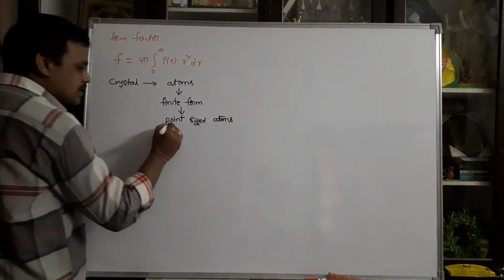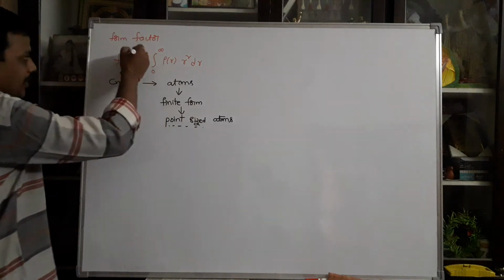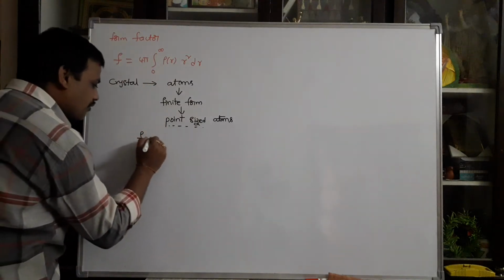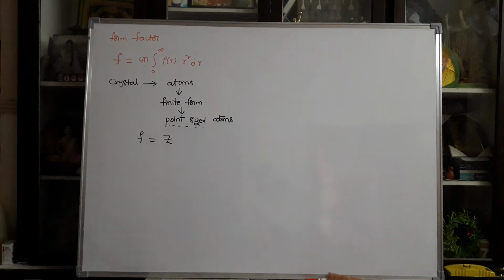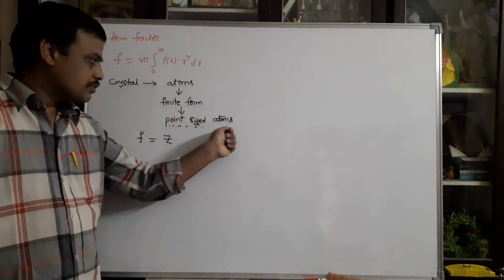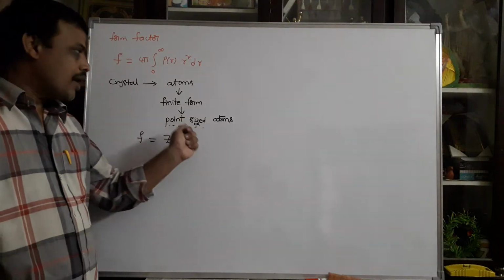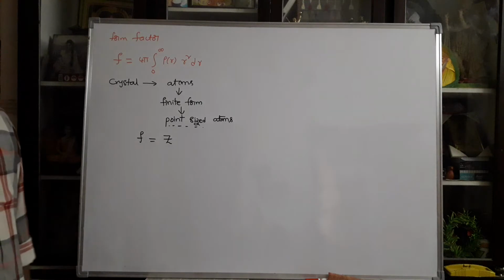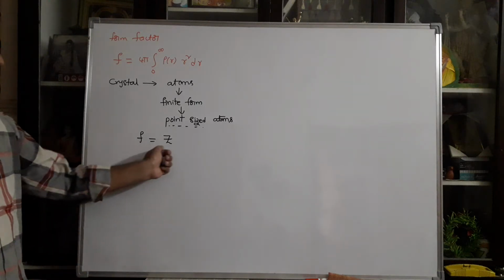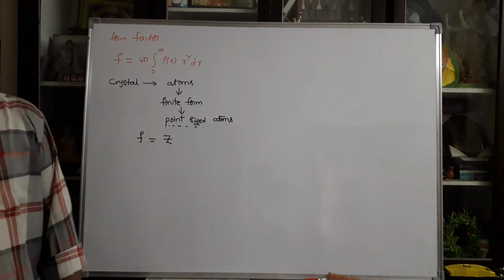For point-sized atoms, the form factor value is always equal to the atomic number Z. So the form factor value must be equal to the atomic number.